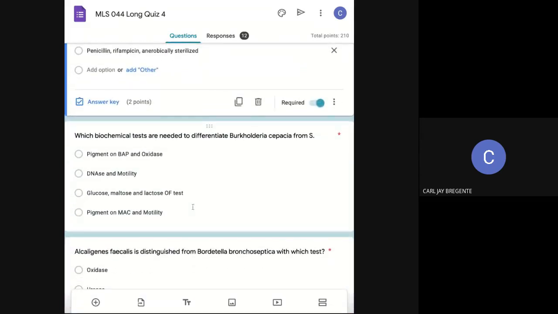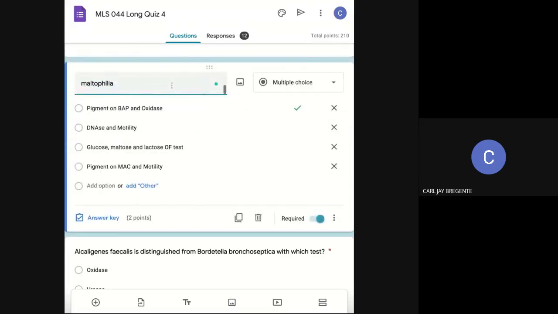Which biochemical tests are needed to differentiate Burkholderia from Stenotrophomonas maltophilia? The correct answer is pigment on blood agar plate and oxidase tests.